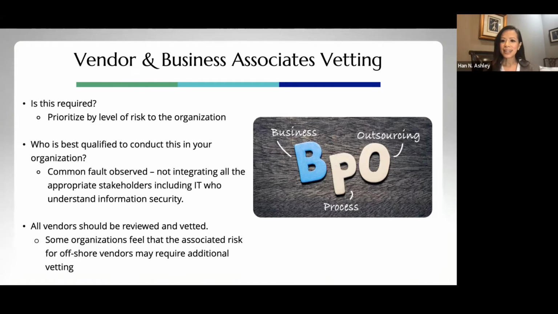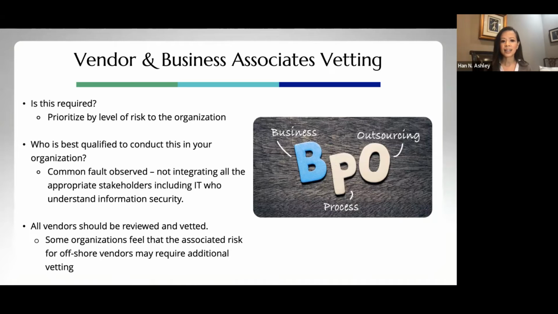A lot of times our covered entities ask us, who's best qualified to conduct this vetting at our organization? Many times we see that the right stakeholders are often not involved.